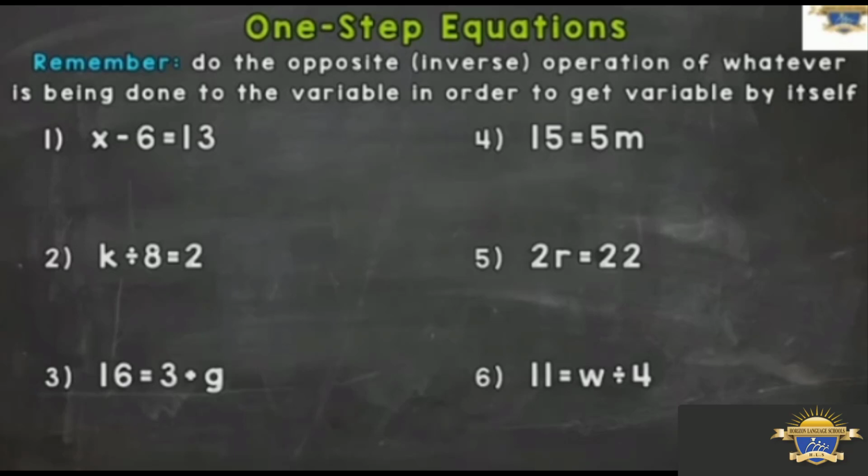So we need to add 6 to that side. So we will add 6, and the reason to do that is that negative 6 plus 6 gives us 0, cancelling those 6 to get only x. So that gives us x by itself.